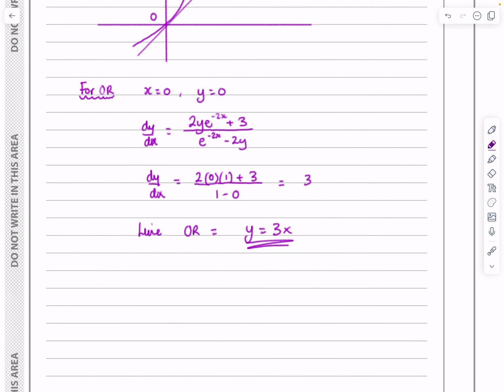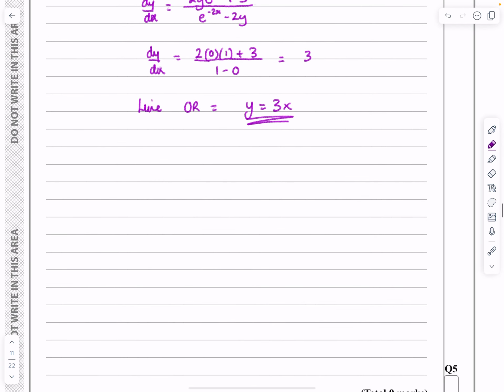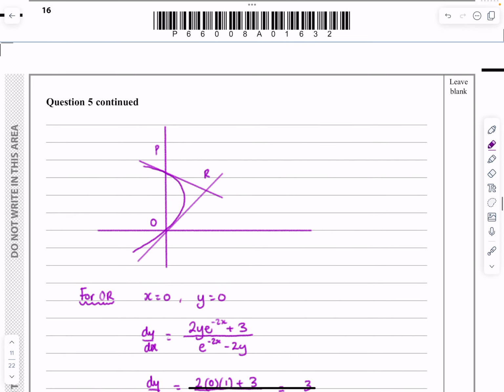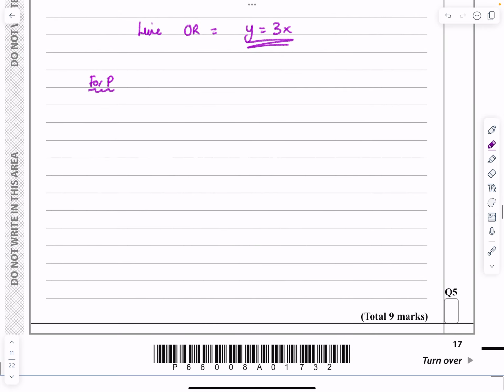Now, if I want to work out P, it's going to be when x is equal to 0, isn't it? So if I'm going to try and find out what value P is up here, we know that x is equal to 0. Sorry, this is the y-axis, this is the x-axis, isn't it? We know that that's going to be when x equals 0. So I can put that into the original equation.